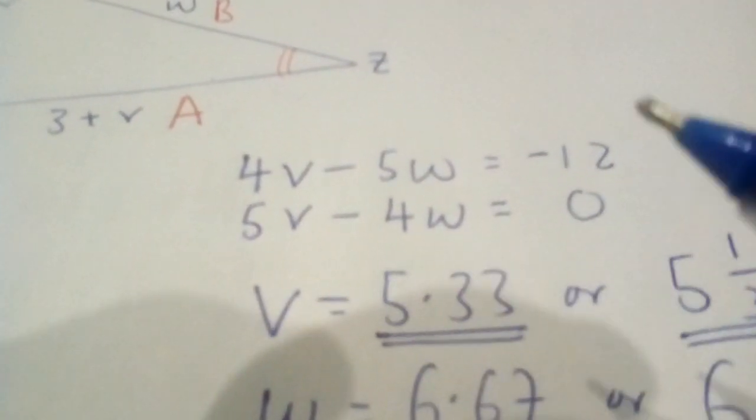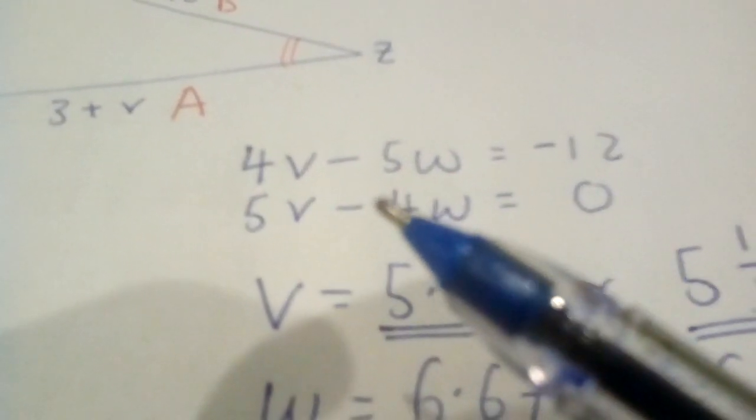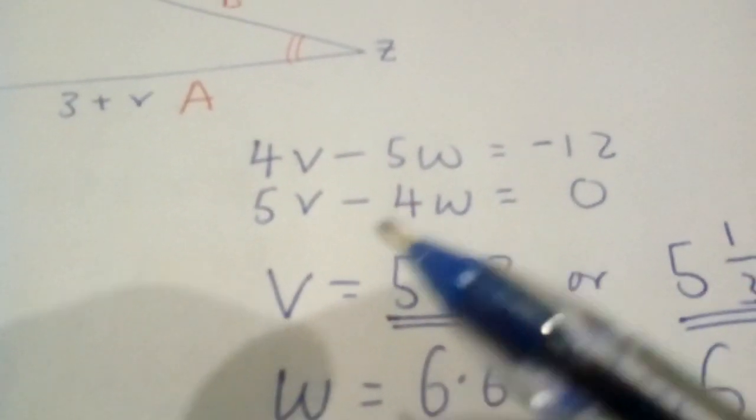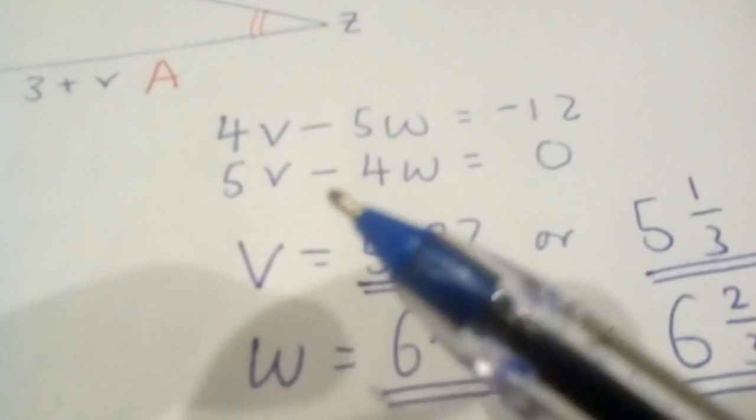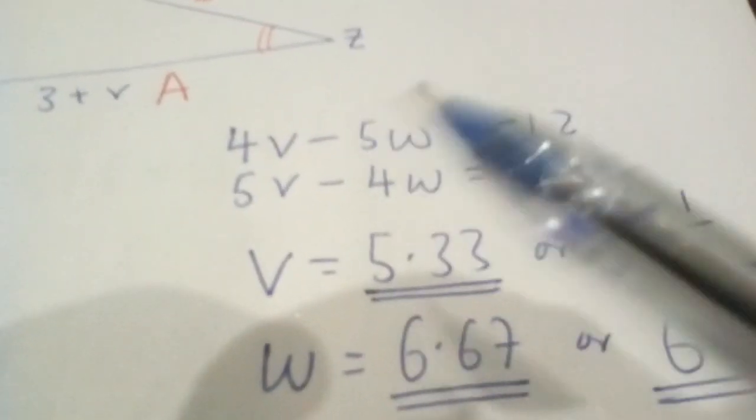You can use any method. You can use elimination method, or you can use substitution method. You can use graphical method. But for now, the best method for this is elimination method.